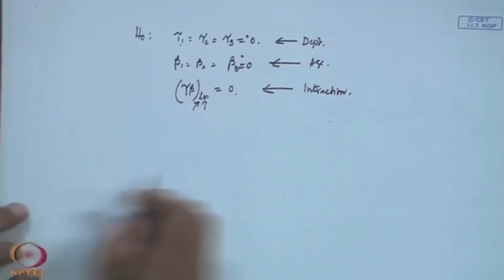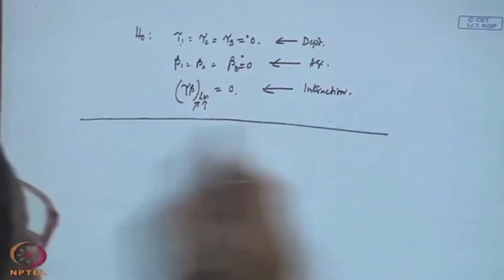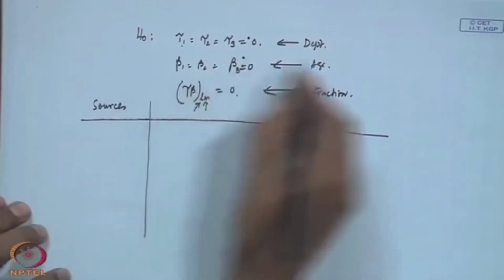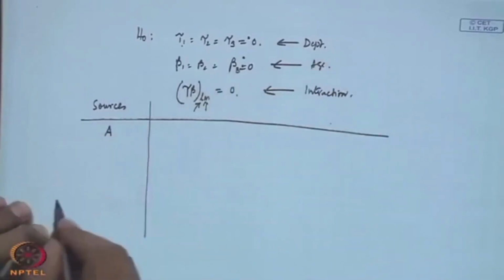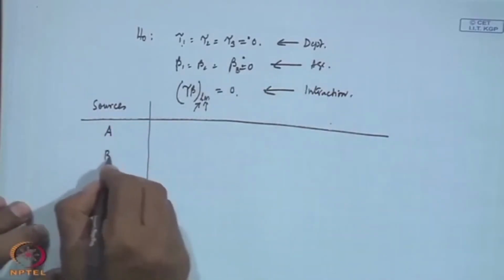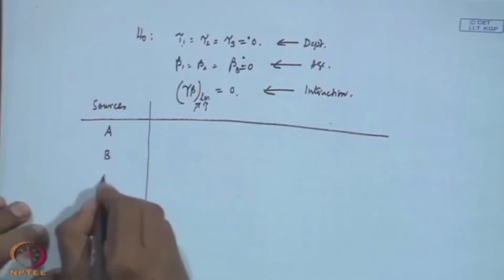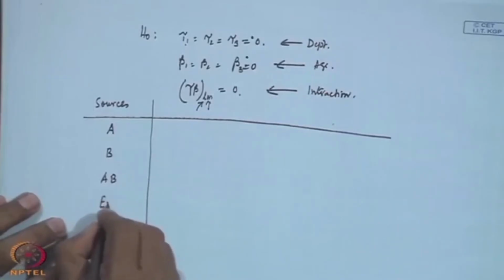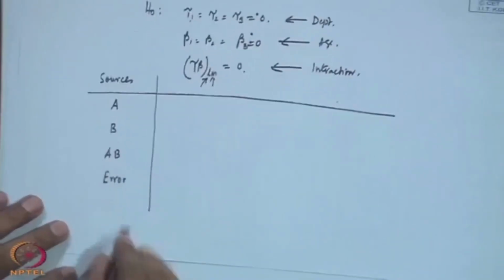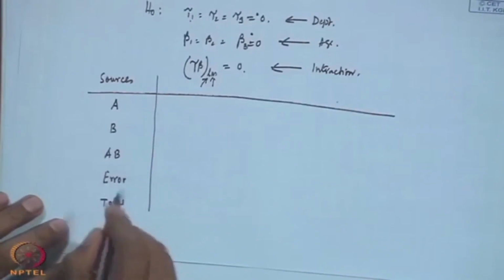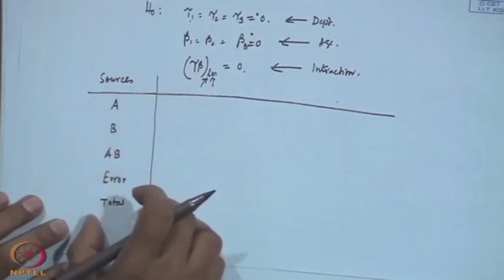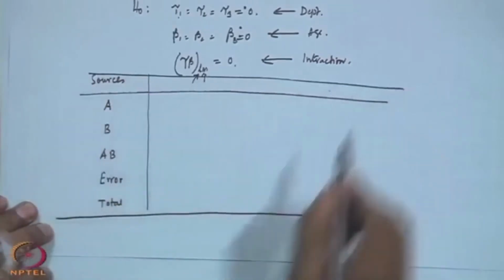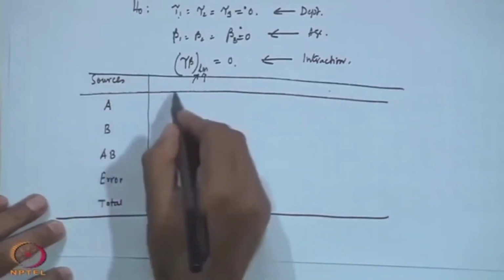If this is the case, then what are the sources of variation? First one is department, which is A, second one is age, which is B, third one is interaction, which is AB, fourth one is error, and fifth one is the total, the sum of these four. So, these are our sources of variation. What do you require to compute?